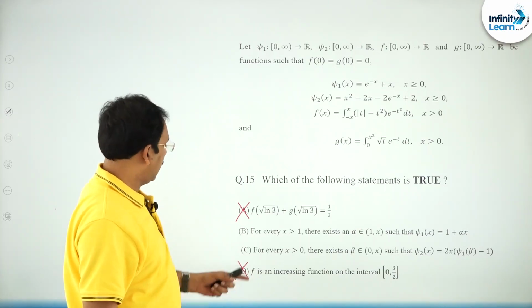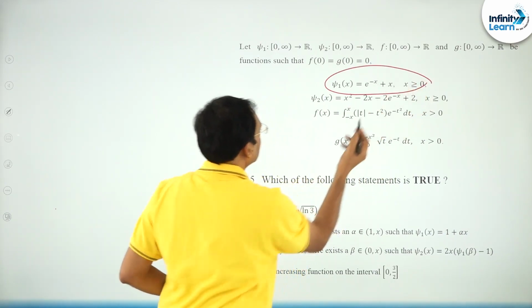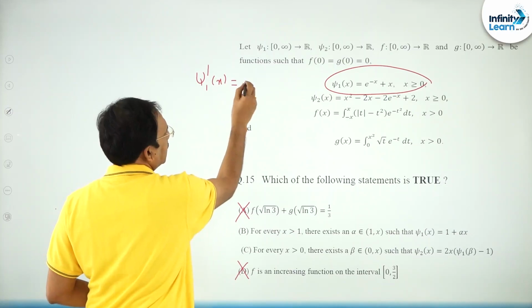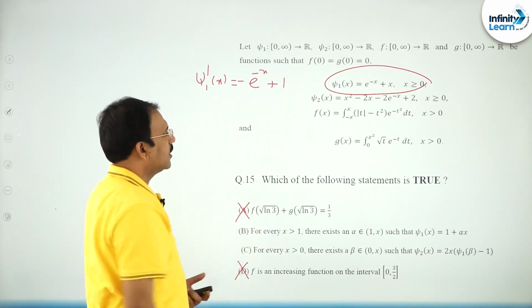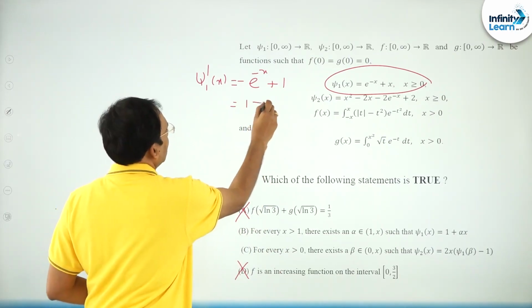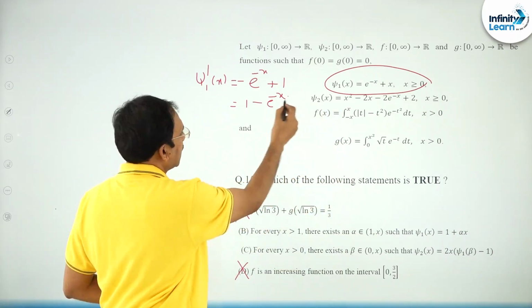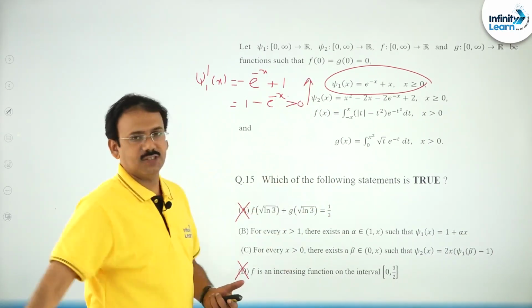Now you see, for option C, you take the psi 1 of x function. So what is the psi 1 of x derivative, friends? This is e power minus x with minus, plus 1, you see, which is 1 minus e power minus x. You see, as x is greater than 0, this is always positive, it is an increasing function.